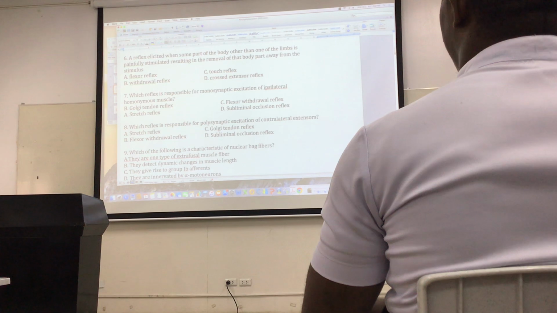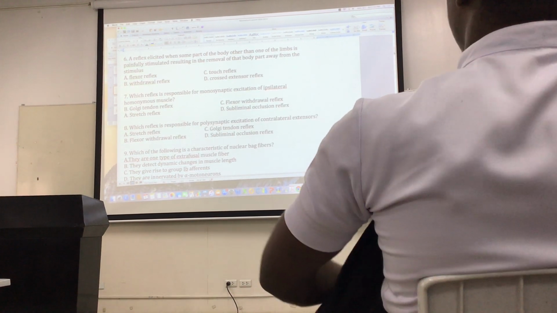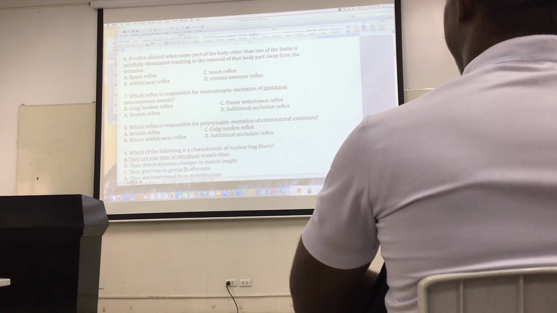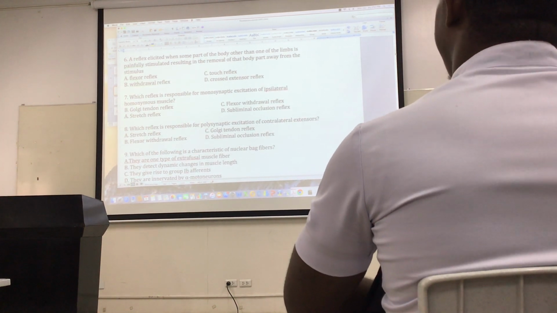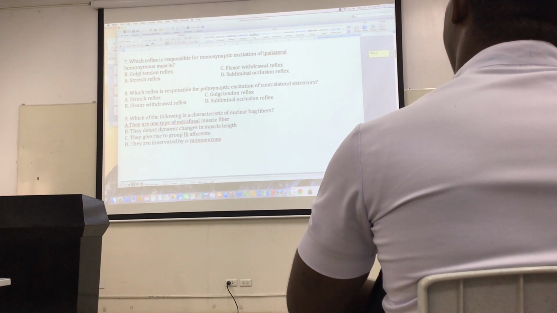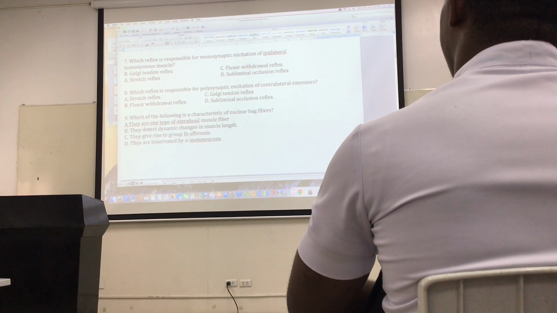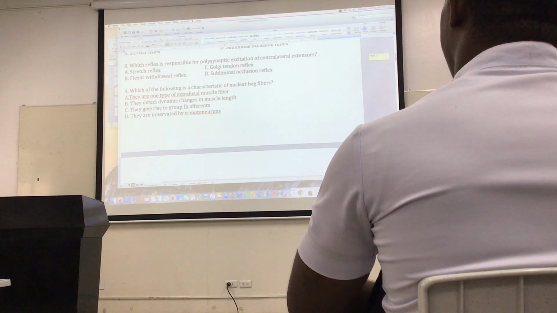Number six. Okay, reflex other than the limbs resulting in withdrawal is withdrawal reflex. Number seven, monosynaptic excitation of ipsilateral homonymous muscle. Stretch reflex, the muscle jerk, knee jerk.